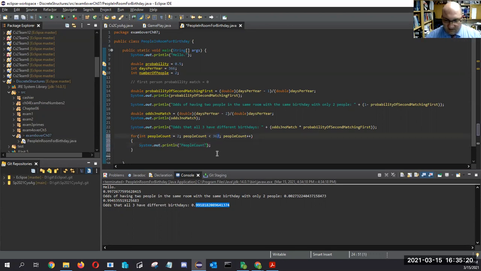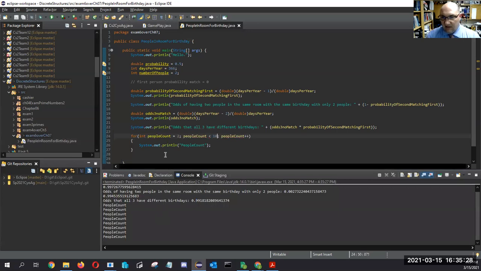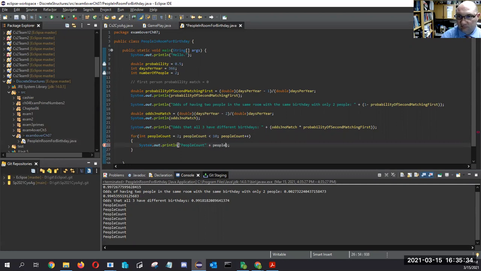I'm gonna trim that down just a little bit. Let's make it 10. Let's see what that looks like. Okay, people count. Get that tidied up just a little bit.